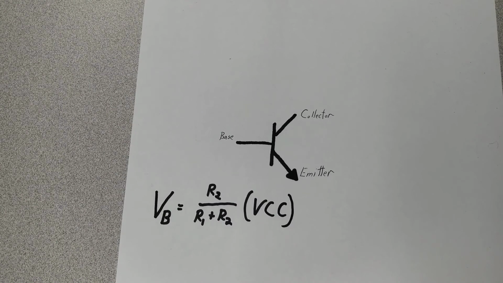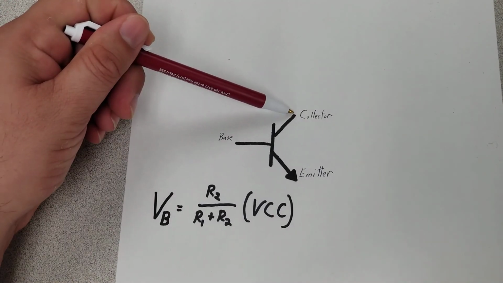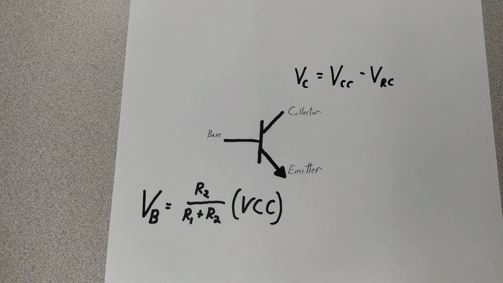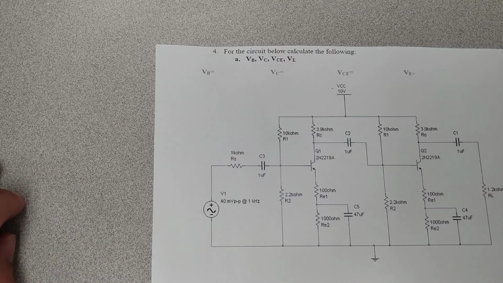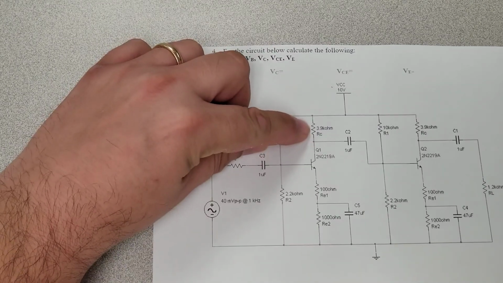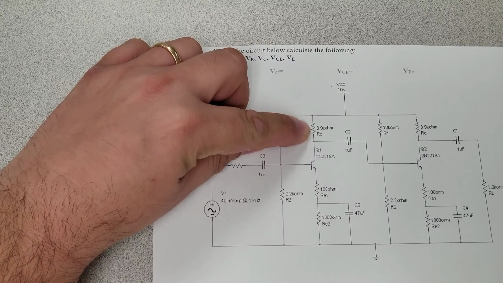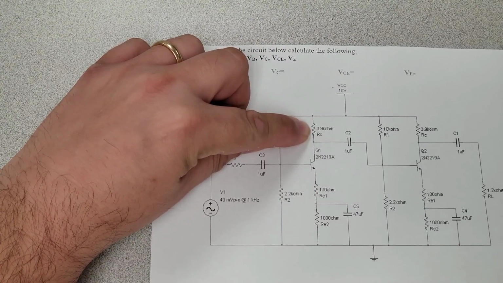Next, we're going to find our VC, the voltage at the collector. To find the voltage at the collector, we're going to use this formula. The voltage at the collector is equal to the VCC minus the VRC. The VRC is the voltage at the resistor of the collector. When we're talking about the resistor at the collector, we're talking about this one right here, the 3.9 kilo ohm resistor.